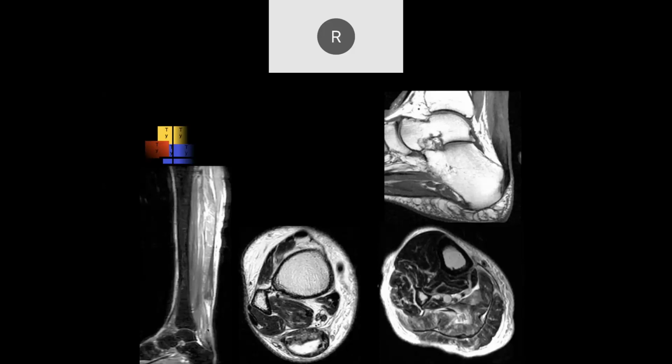And yeah, I think there's a high grade, if not full thickness tear there. Yeah, I think this turned out to be a full thickness tear with retraction here. And what we're seeing are chronically retracted soleus and gastrocnemius muscles, which are now becoming atrophic due to the traction of the Achilles tendon from the complete tear.